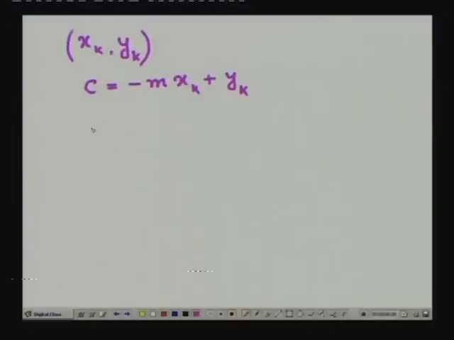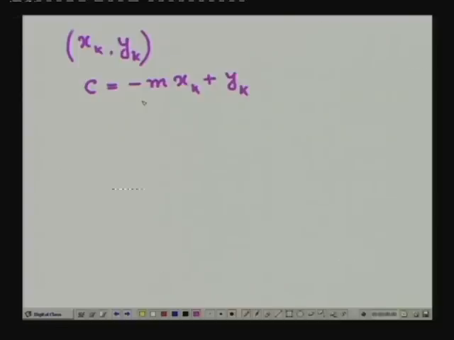plus y k. So, here we allow the value of m to vary from the minimum to the maximum, as we have said that we have chosen a range m minimum to m maximum.